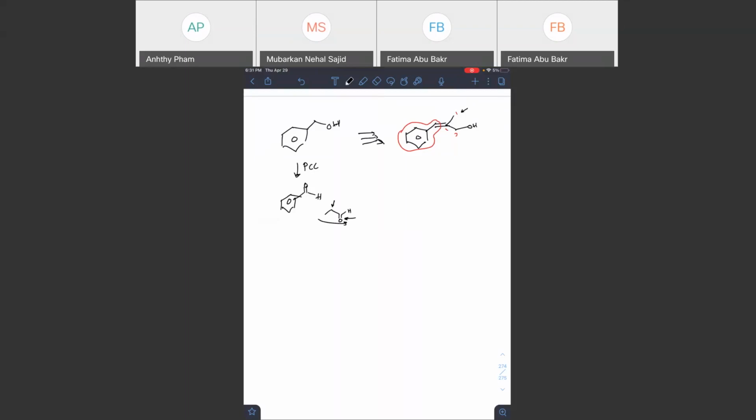If you look at it closely and work it out, you'll see why this is necessary. And so this is the aldol condensation that we're going to do. We form this into an OH, and then we get all of this. So this is what we end up with after the aldol condensation.